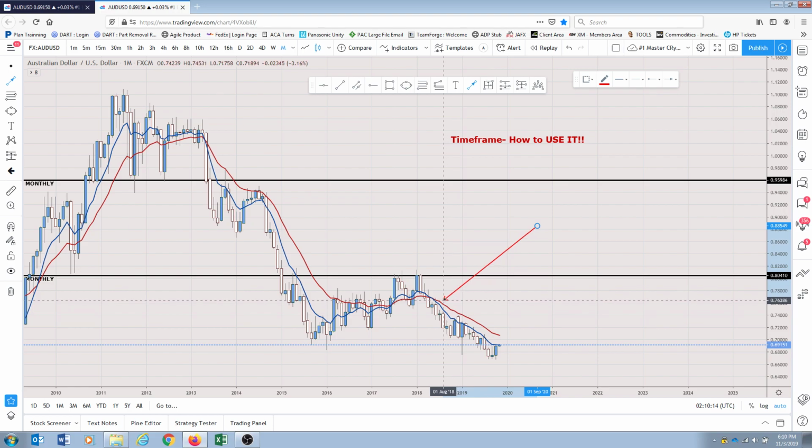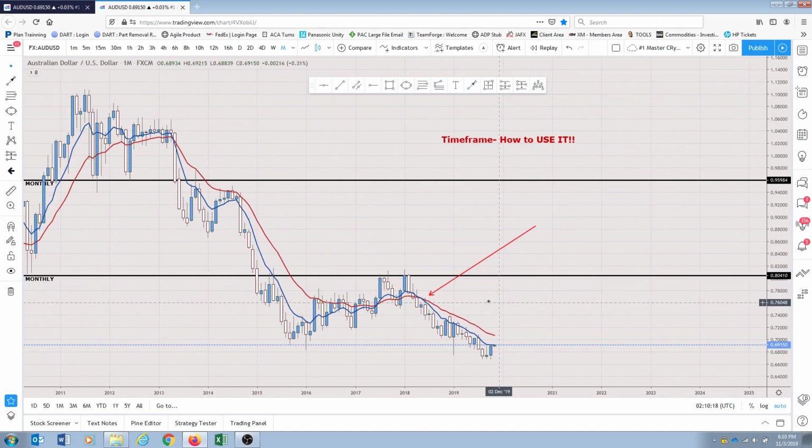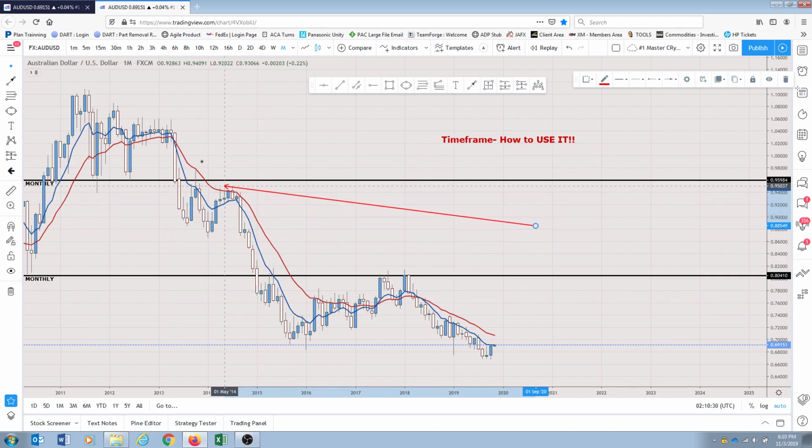When you're seeing this on the monthly chart, because it's the higher time frame, it's telling you that we're most likely going to travel in this direction possibly for a long time. See how price here was above the blue, so we were trending upwards.